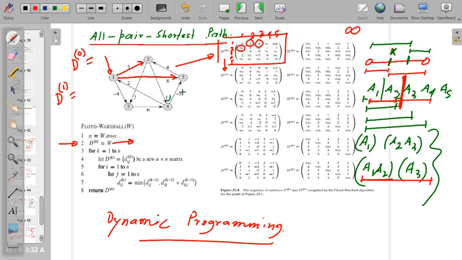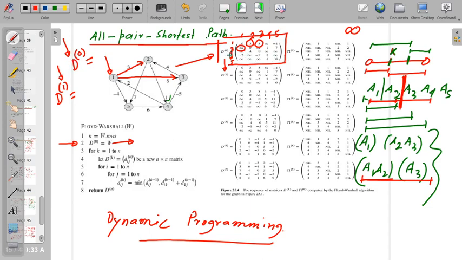Say you see 1 and 4, 1 and 4 not having a path. So first one is discovered. That means we are going via this one. So this D1 means we are going via 1. Now you see 1 and 4. What was the path cost when we had D0, 1 and 4?